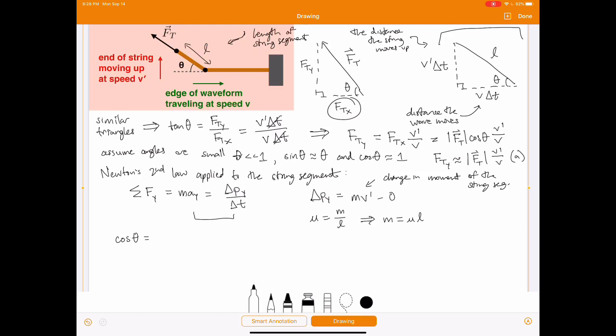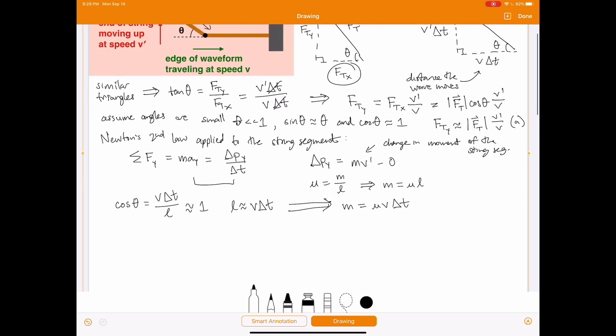The adjacent side is v times delta t, and the hypotenuse is L. And remember, we're assuming small angles, so cosine theta is approximately equal to 1. So in other words, L is approximately just v times delta t, which if we use that in our previous expression, m is equal to mu times L, so it's mu times v times delta t.